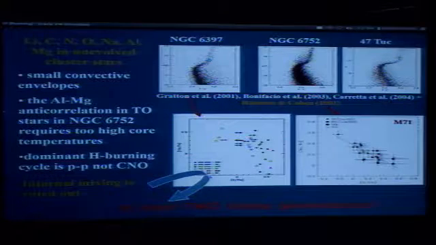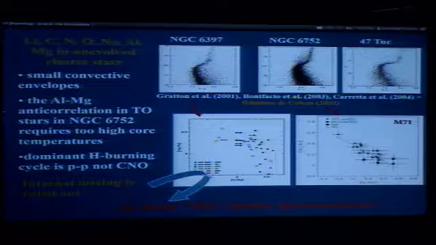They assigned our time, and we could do this experiment to see if there is really an anticorrelation of sodium and oxygen. And we found it. This anticorrelation is very similar to what is found in giant stars by the previous surveys. So we found that this sodium-oxygen anticorrelation is present also in the main sequence, and we also found a magnesium-aluminum anticorrelation, at least in NGC 6752.